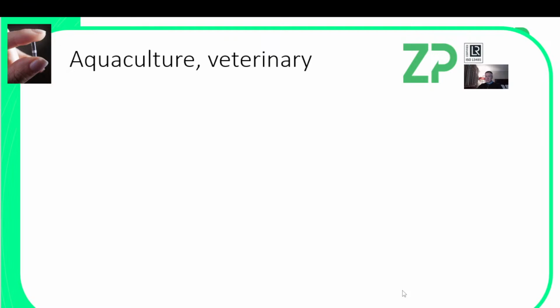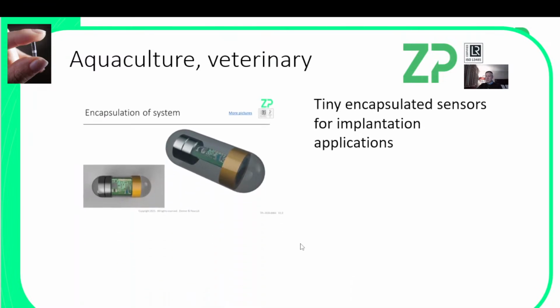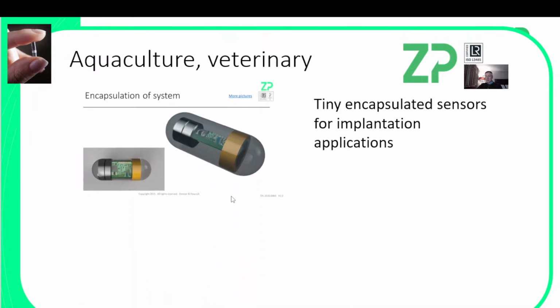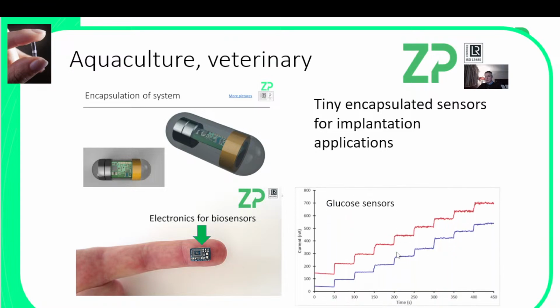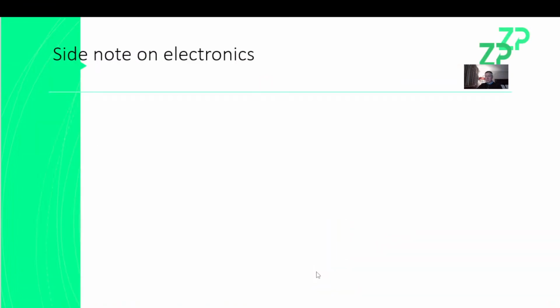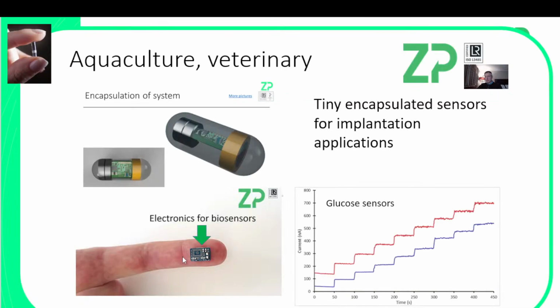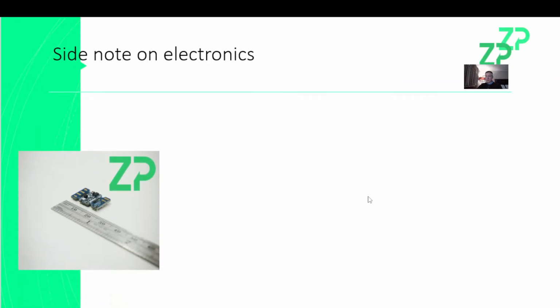I'm glad I brought this back up, because I was disappointed with my response on the cortisol question. It's probably worth saying that we have been developing these little capsules, and this is the electronics to drive them. We've been testing with things like glucose to make sure they work.